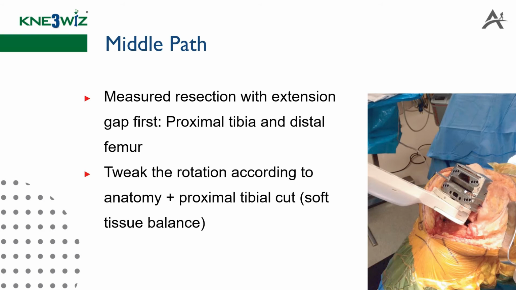The joint line does not get raised very high, as extension gap is created and made rectangular first. The rotation is fine-tuned to decrease soft tissue releases in flexion. Thus, difficulty of fine-tuning flexion space is reduced.